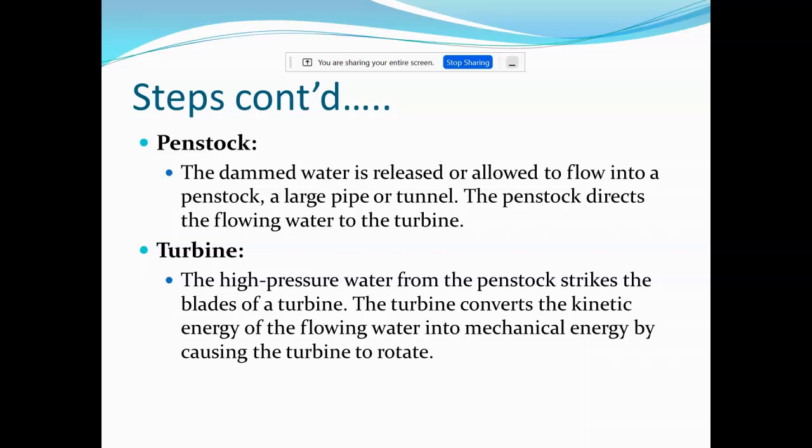The penstock directs the flow of water to the turbine. Under high pressure, water from the penstock strikes the face of the turbine. The turbine converts the kinetic energy of the flowing water into mechanical energy by forcing the turbine to spin.